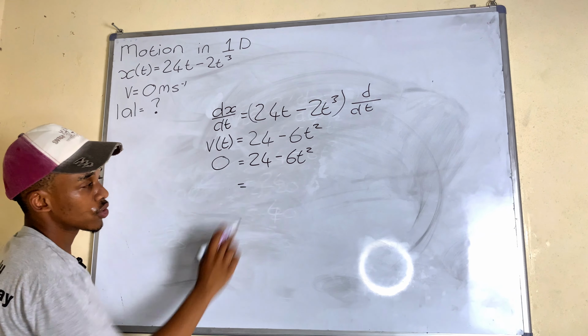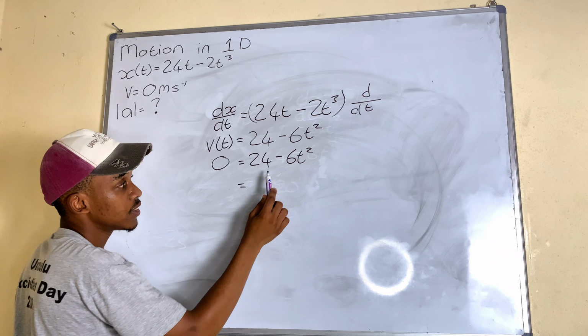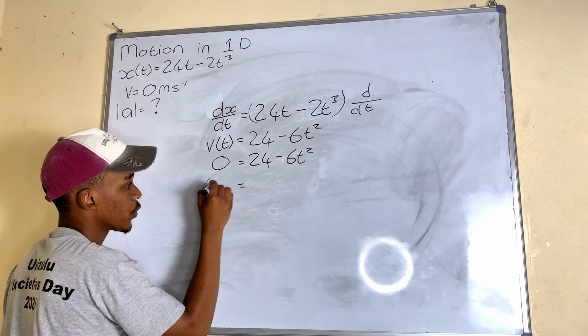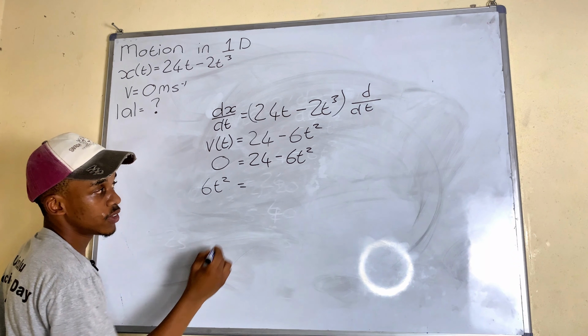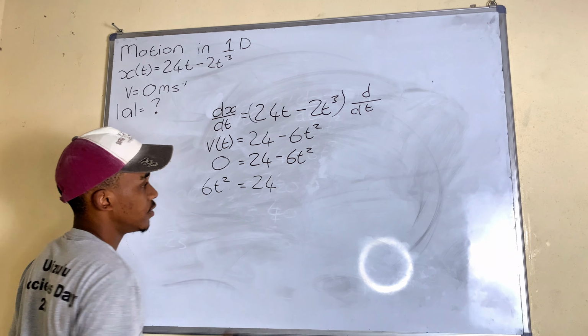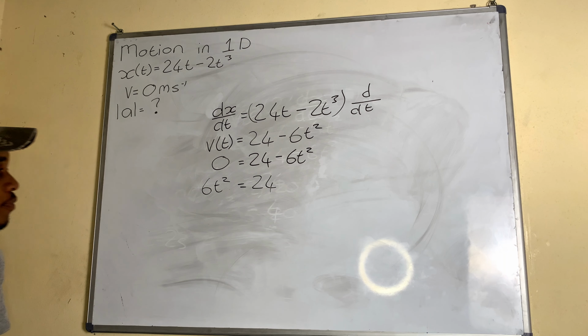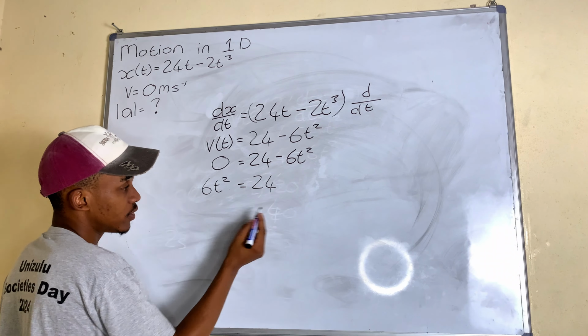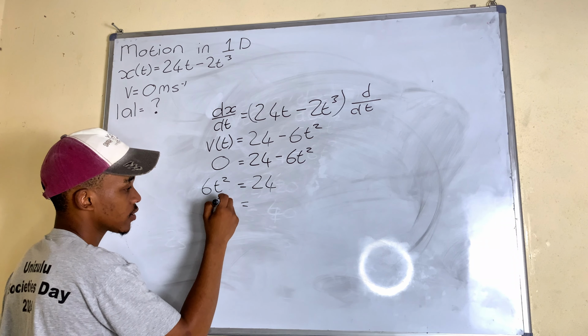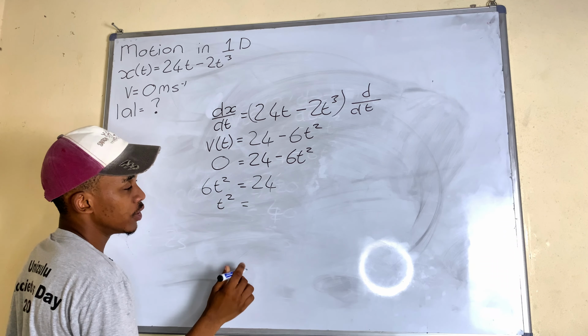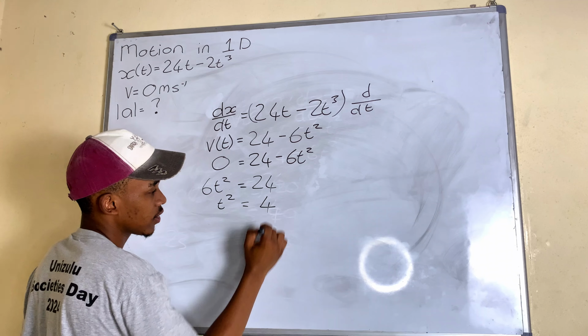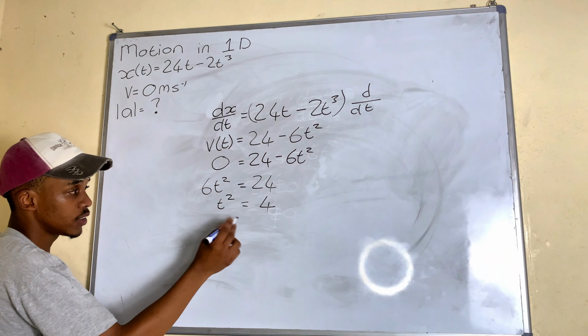If we transpose negative 6t squared, we'll have positive 6t squared is equal to 24. If we divide both sides by positive 6, we'll have t squared equal to 24 divided by 6, which is 4.